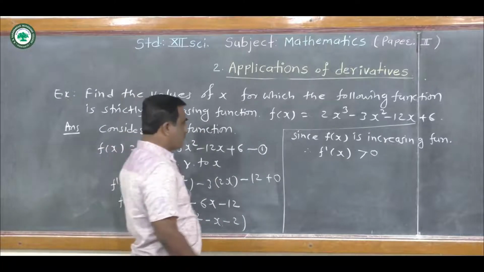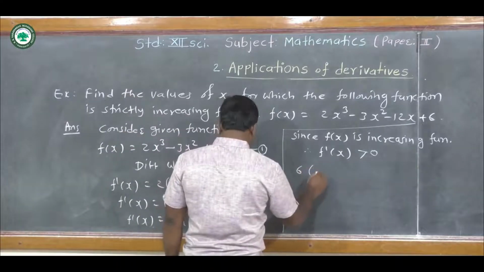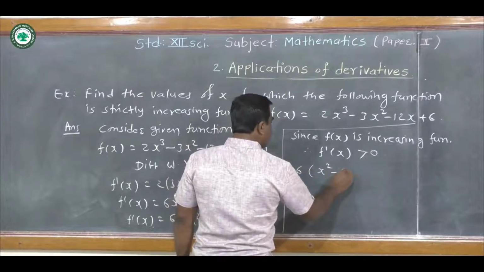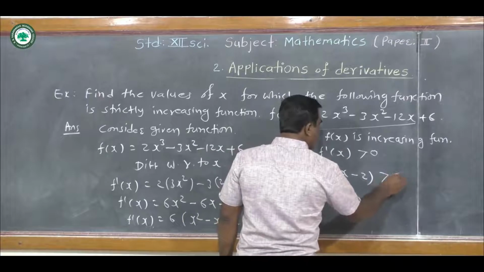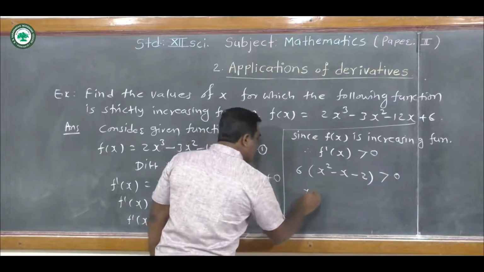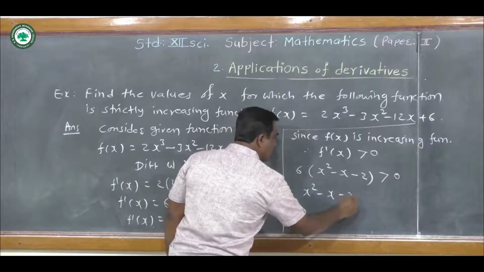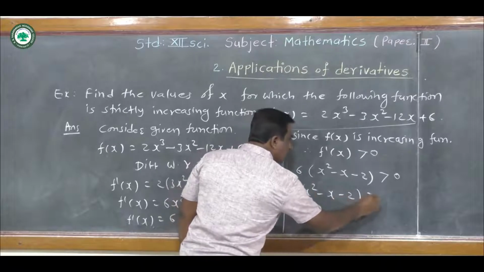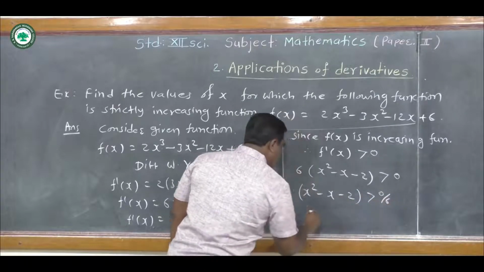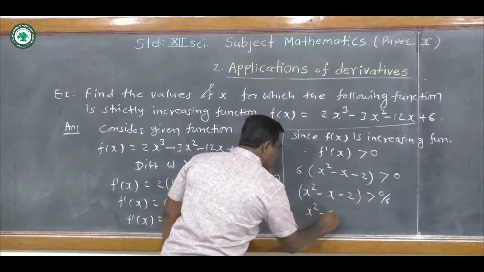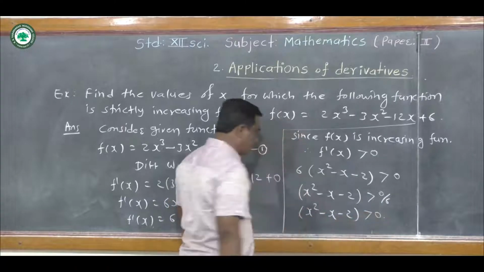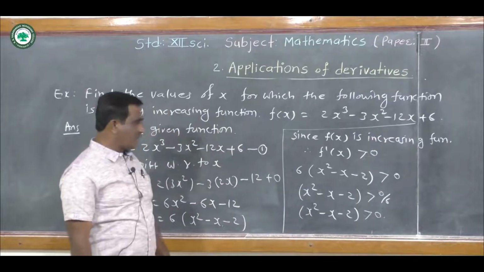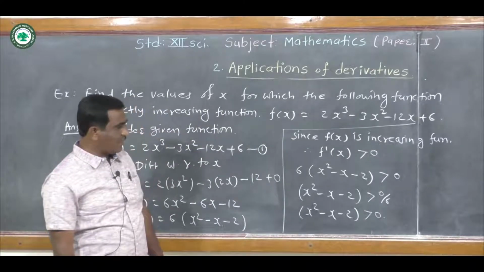Therefore we can write here 6 into (x square minus x minus 2) is greater than 0. That is, x square minus x minus 2 greater than 0 upon 6. That is, x square minus x minus 2 greater than 0.